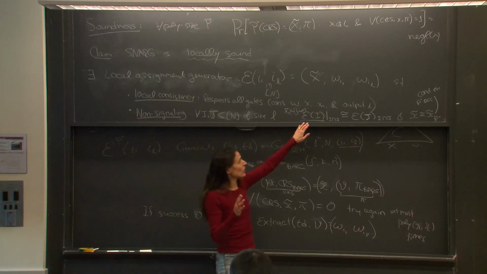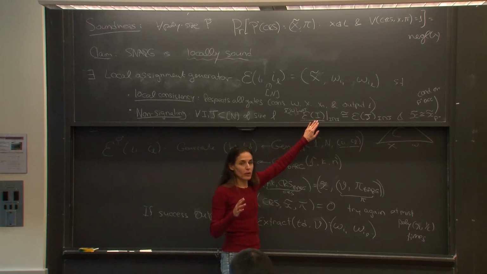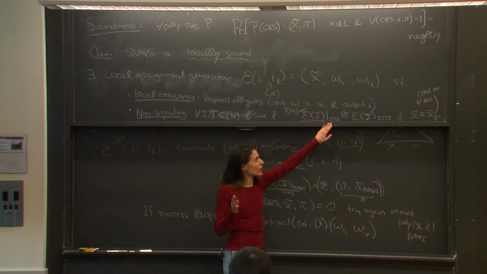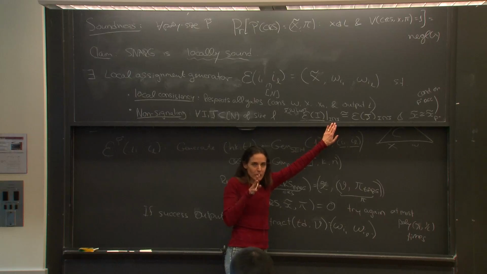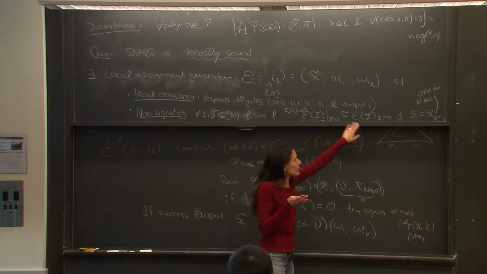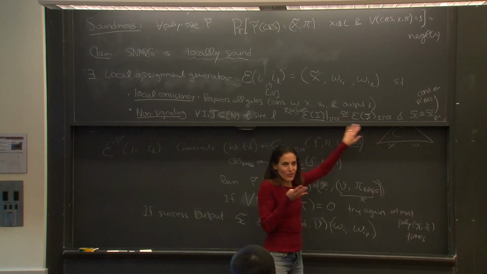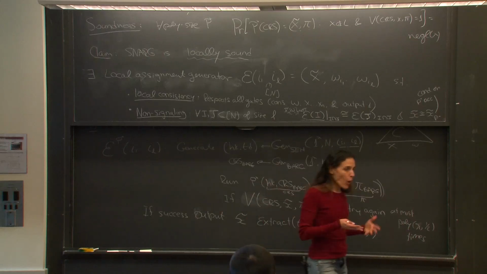If the extractor is given a bunch of wires, and you look at the assignment on a subset, the distribution of the assignment that you get looks the same no matter what the rest of the wires are. And why is that?